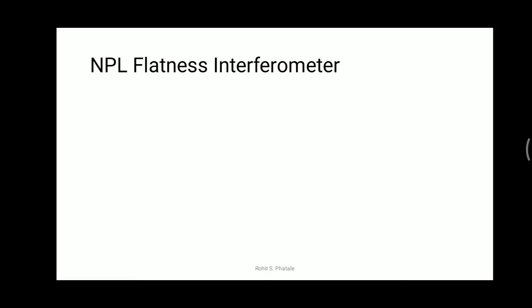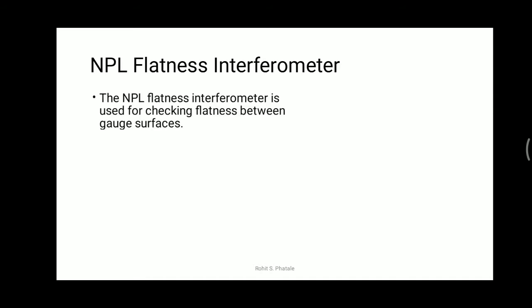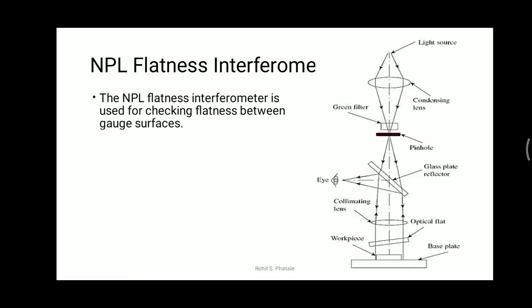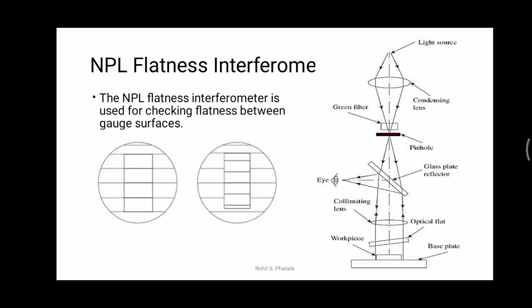Now we will discuss the NPL flatness interferometer. So what are the parts of this interferometer that we will discuss by observing this diagram, and these are the diagrams for the fringe patterns of the slip gauge that we are going to consider.